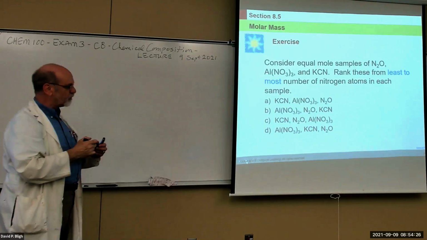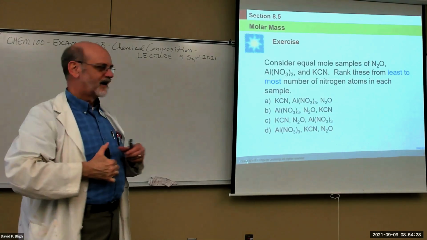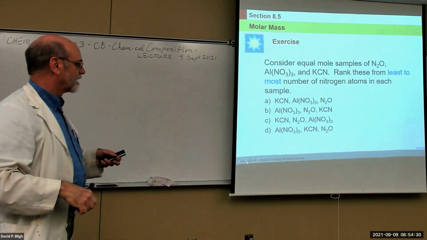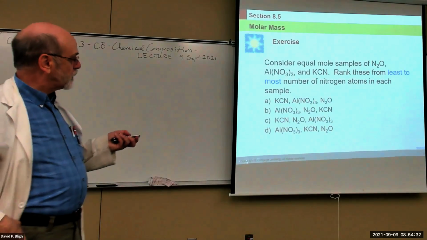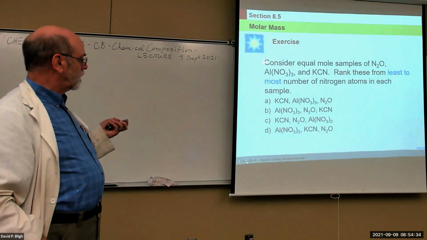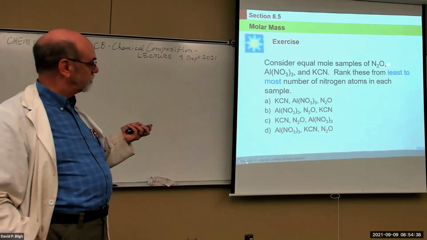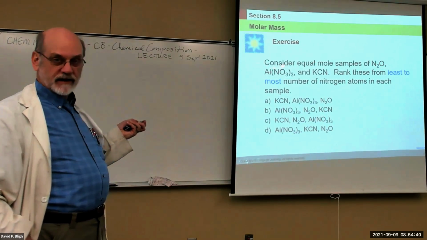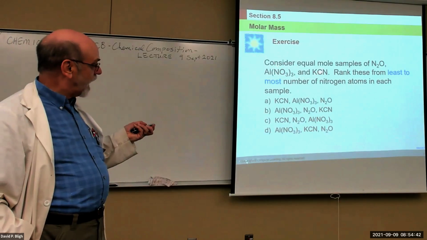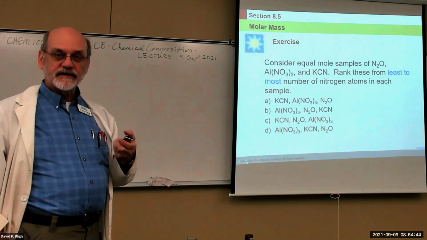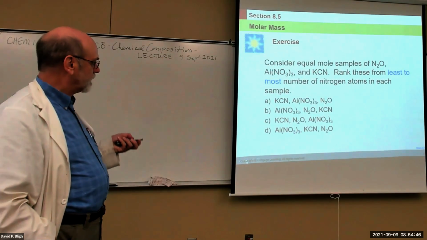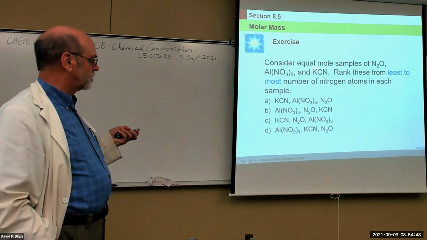So let's see if we can make it more complicated. If we have equal moles of N2O, dinitrogen monoxide, aluminum nitrate, and potassium cyanide, equal moles of each sample.